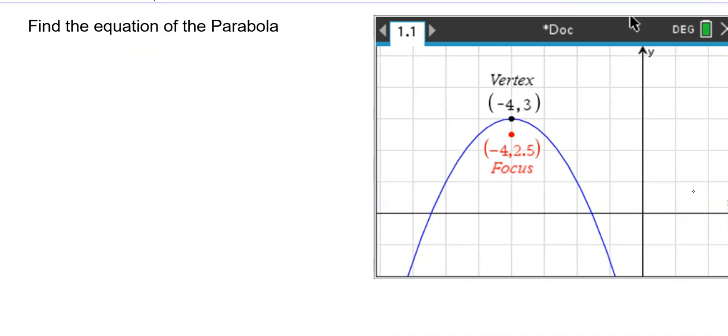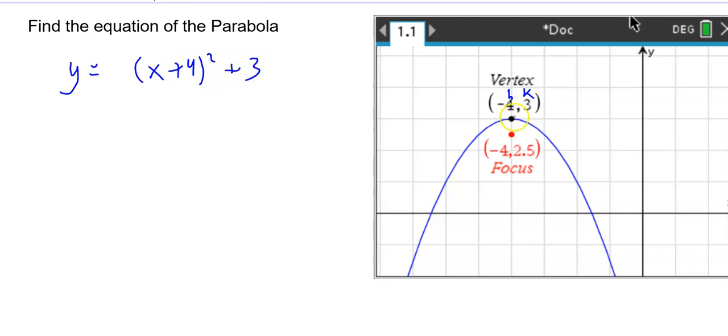This one looks to be a y equals. Definitely negative value there. So y equals, I don't know what a is yet, so I'll leave a little blank there. X minus h. Let's see, h and k would be h and k. So plus 4 squared plus 3.